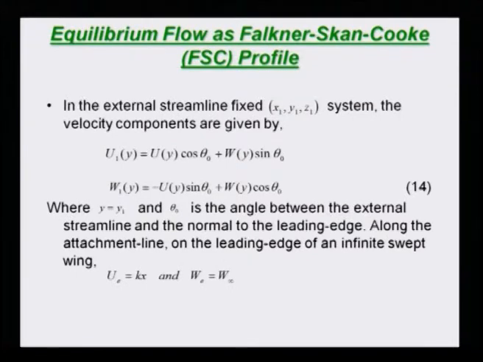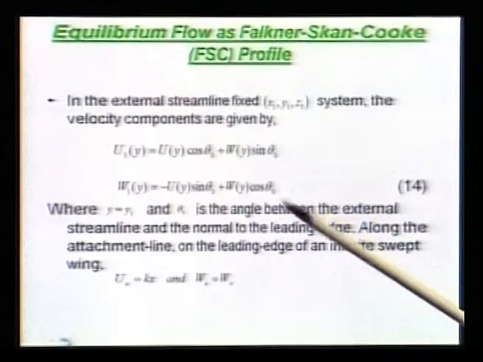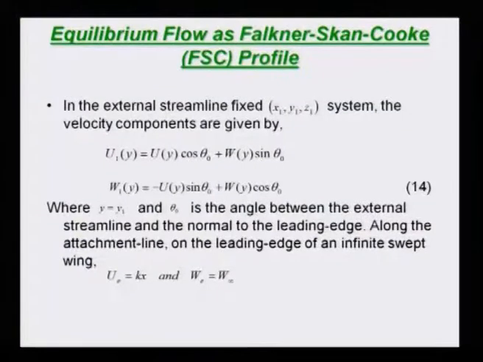Now we do a little bit of jugglery, because what have we gotten so far? We have gotten the mean flow. If we solve those two equations, that will define our capital U and capital W, right? Capital U and capital W. Now, if you go back and see what this theta naught is, we defined it as the angle between the external streamline and the normal to the leading edge.